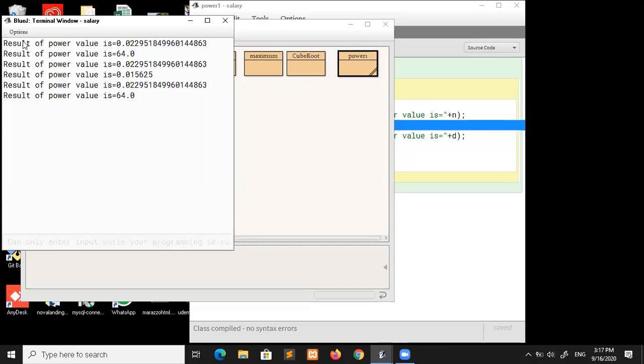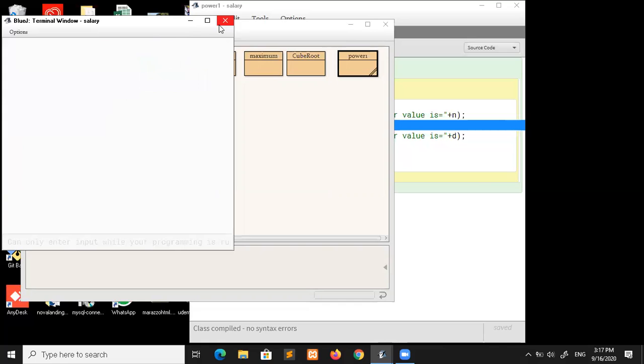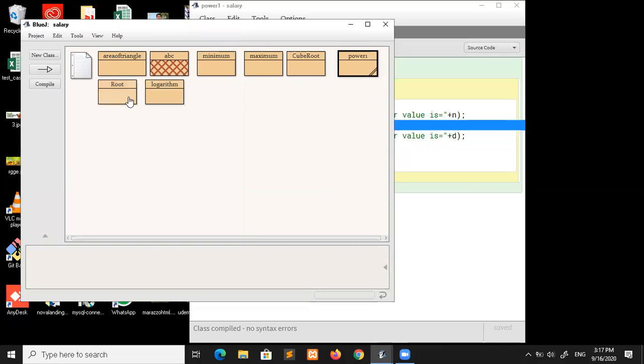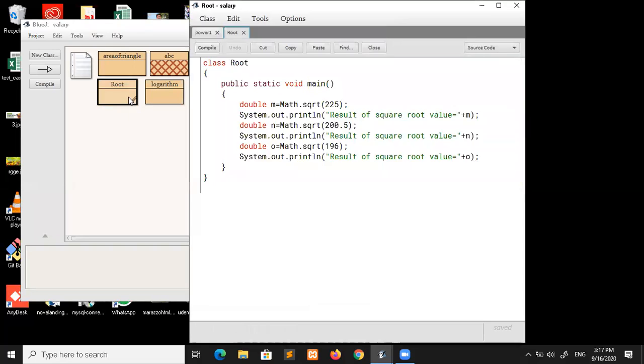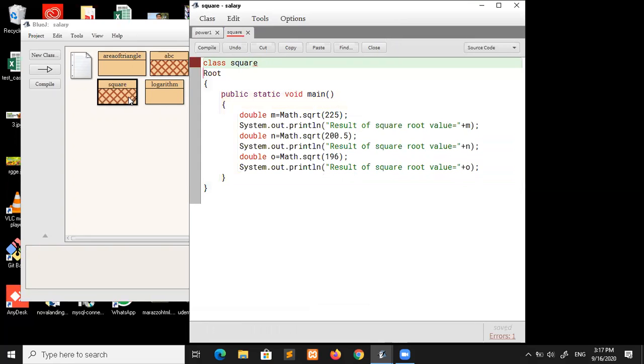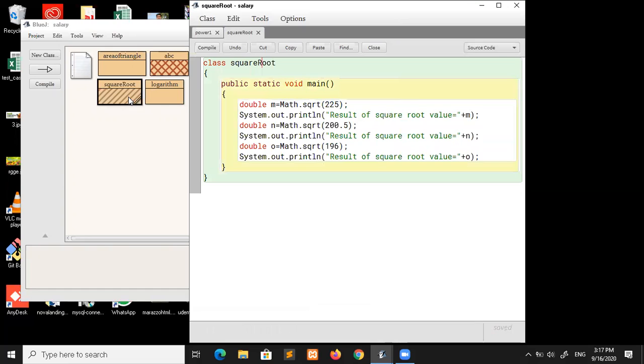Yes ma'am. Okay. So now I will proceed with the square root. So I'll just change the name over here. Square root. Okay, so over here, same thing. Once again, it is implemented, but instead of the cube root, the square root is there.